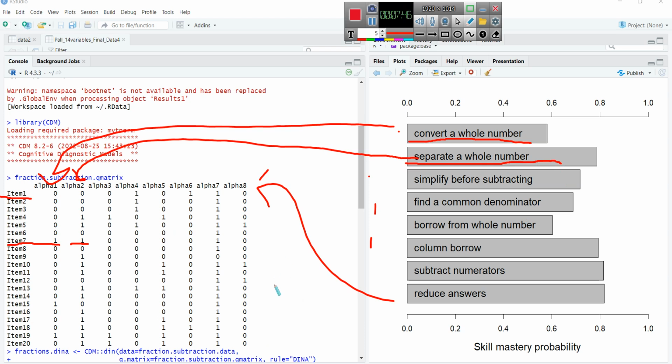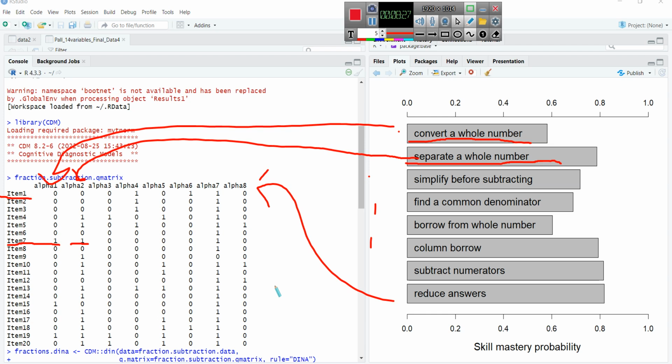So, according to this matrix that is already specified by expert panels, or is maybe a product of qualitative research like thinking aloud protocols of students. For example, in the thinking aloud protocol design, we ask a student to answer the test items and think aloud when they are answering the test items.